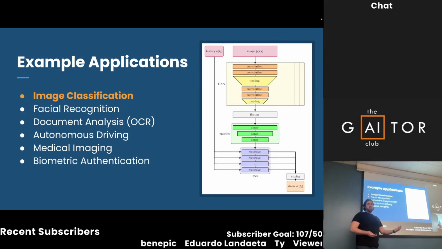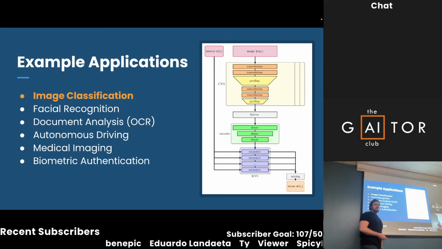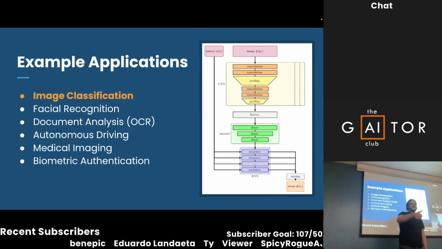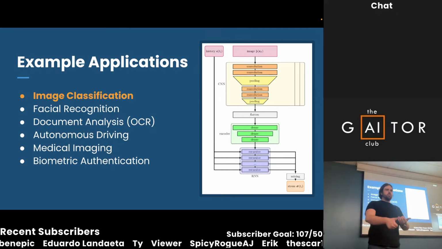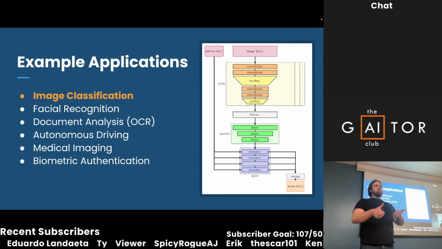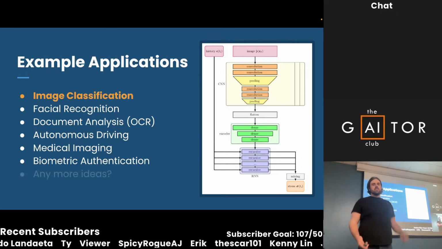Then we have biometric authentication, things like Face ID and your thumb. You can predict whether or not it's the same thumb as the other person, for example.